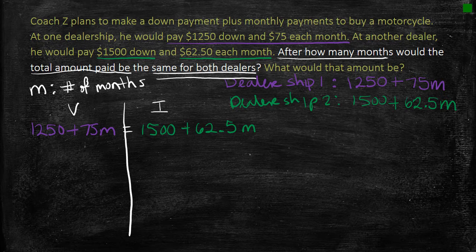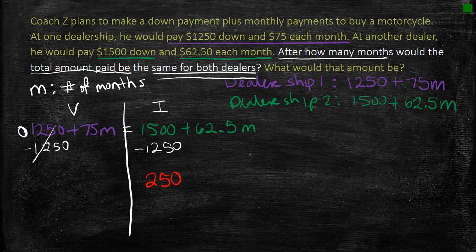I'm going to start with getting rid of 1,250 by subtracting 1,250. I subtract from that side, which makes this a 0. I subtract 1,250 from this side. Now I'm going to take 1,500 minus 1,250, and I'm left with 250 here.